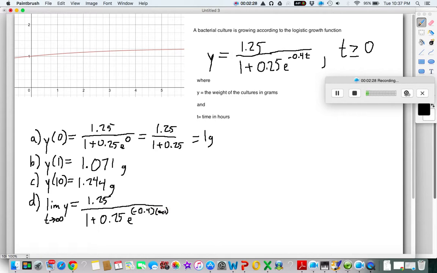So ultimately this piece right here is going to negative infinity. And anytime something goes to negative infinity, it means that it's getting closer and closer to 0 on the scale. So you end up with this entire term going to 0.